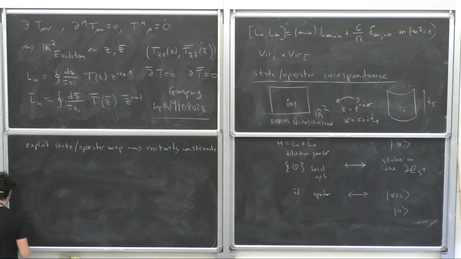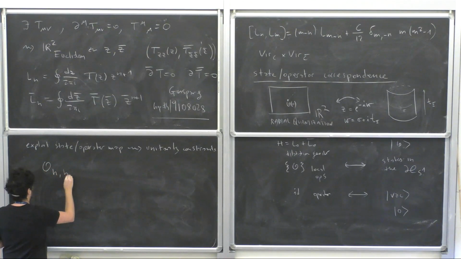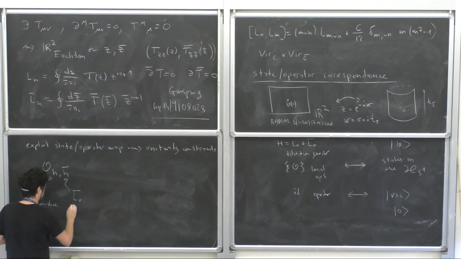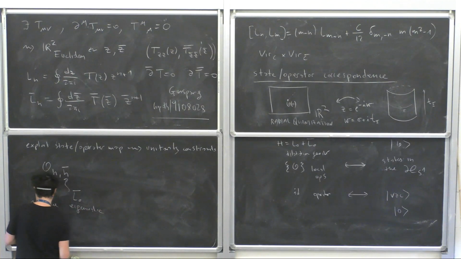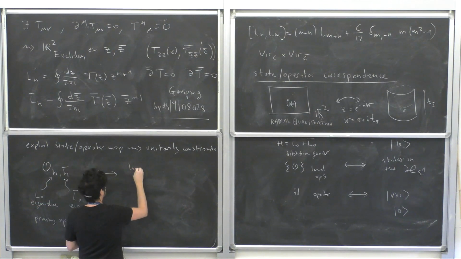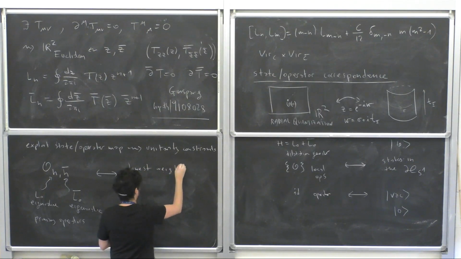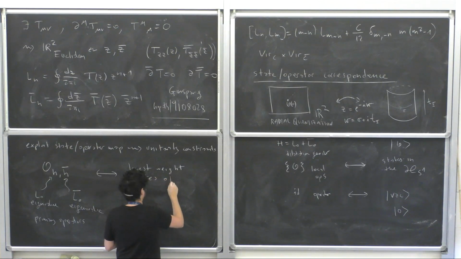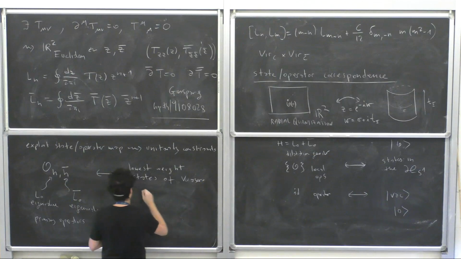Now you're familiar with the Virasoro algebra in 2D CFT, so you know that there is a collection of primary operators. This would be the L0 eigenvalue, and this is the L0 bar eigenvalue. These are primary operators, and upon this state operator map, they go to lowest weight states of Virasoro irreducible representations.